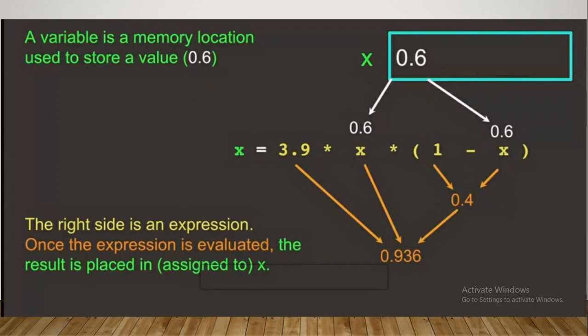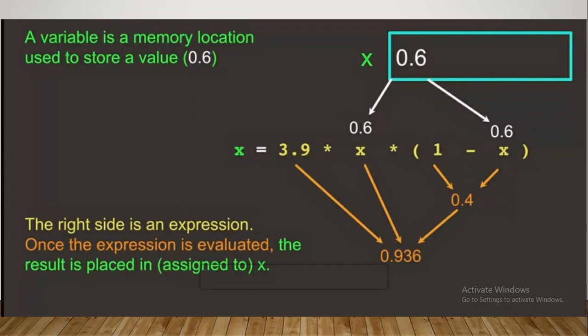So here, as I have already told you in the first video, we will be having some rules for this also. Precedence values and all, we have discussed that. So first we need to give priority to the parenthesis here, that is 1 minus x. So x is 0.6, 1 minus 0.6 is 0.4. After that, everything is a multiplication, so that is quite simple.